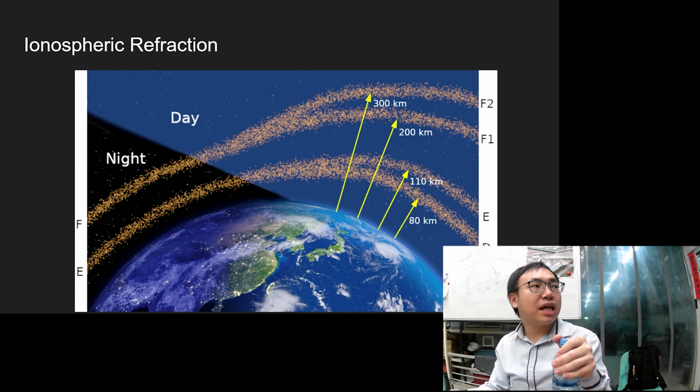Simple illustration from Wiki. At nighttime, they will have just E and F left, and for daytime, they have D, E, F1, F2. Okay, so you think this way: F layer migrates at nighttime, and D and E layer migrates at nighttime. Okay, it's better for you to also remember the distance between the different layers and the Earth's surface.